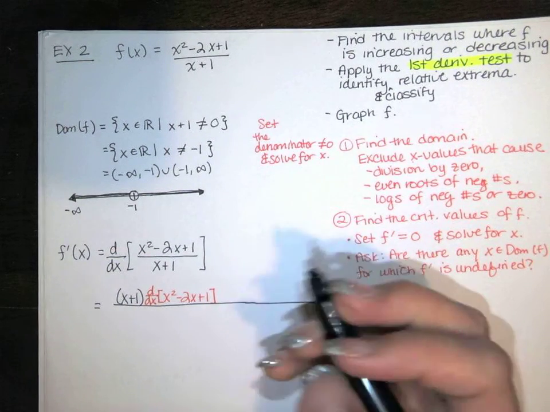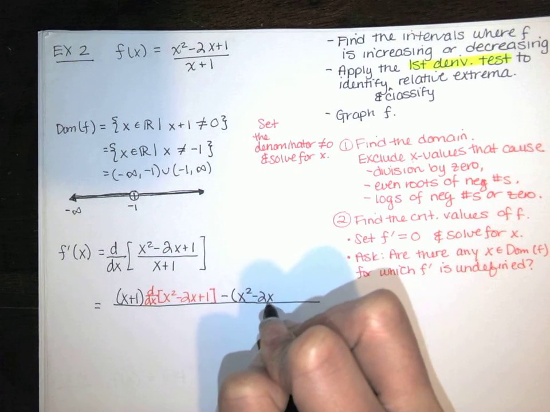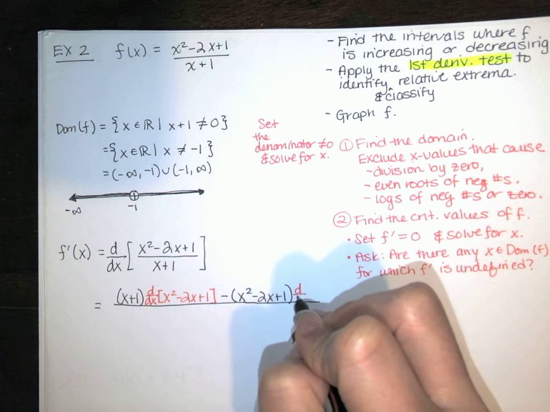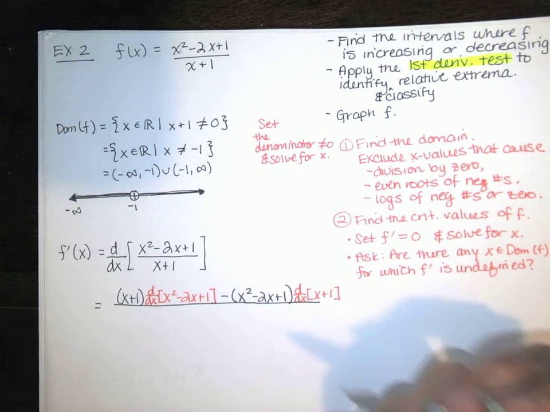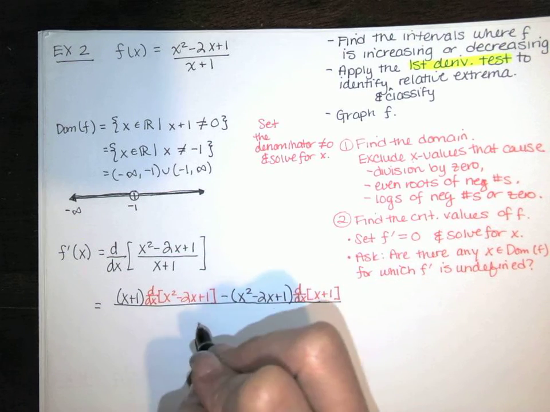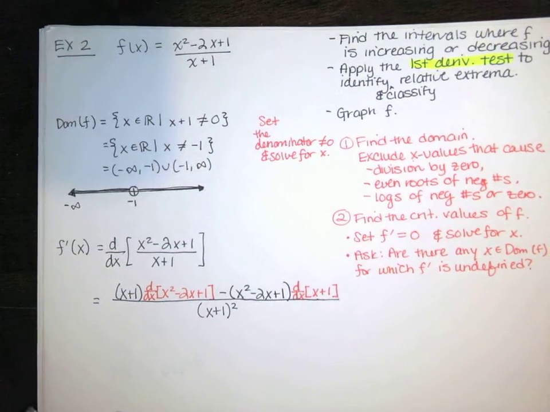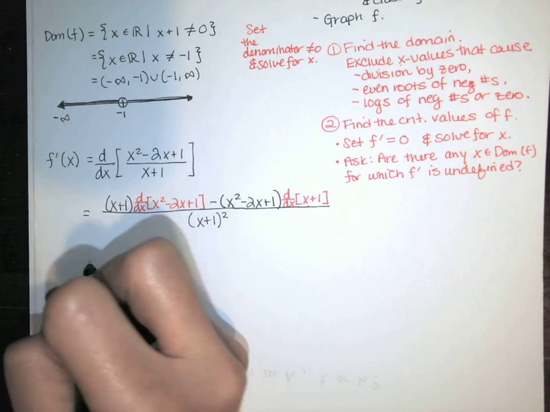It's low d high minus high d low, and you need parentheses for that whole numerator, all divided by low low, bottom function squared. Okay, so that's our derivative. We just need to compute that piece and simplify it.